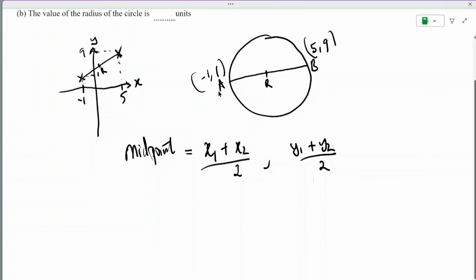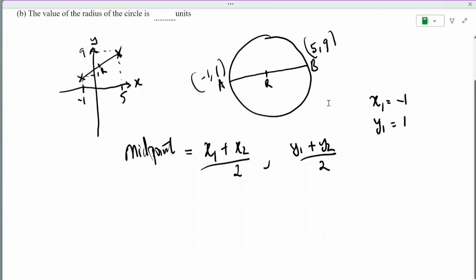So for point A, we have the first value as our x1, the second value as our y1. So we have x1 as -1, y1 as 1 or plus 1. The x comes before the y.